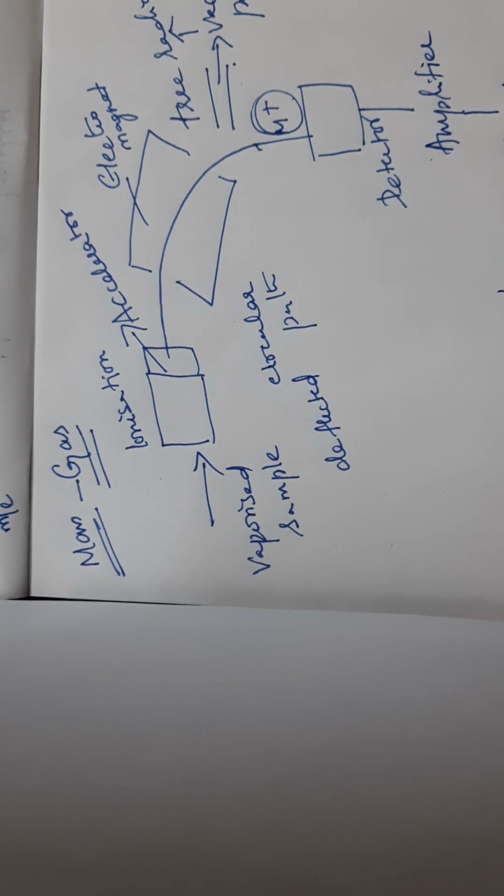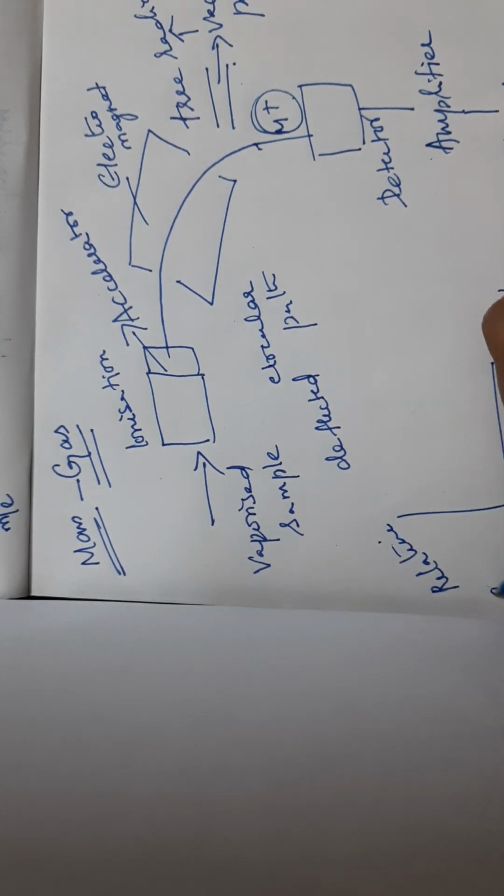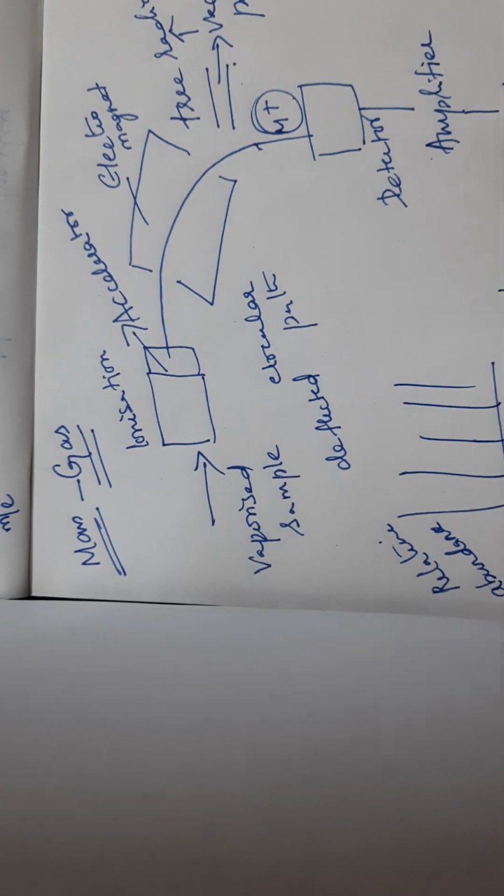This recorder records the mass to charge ratio against relative abundance, and you will get the spectra here.